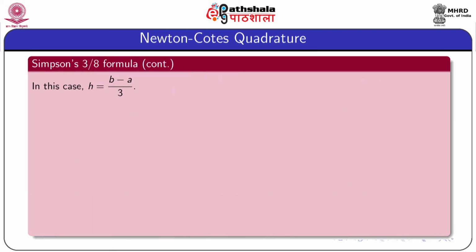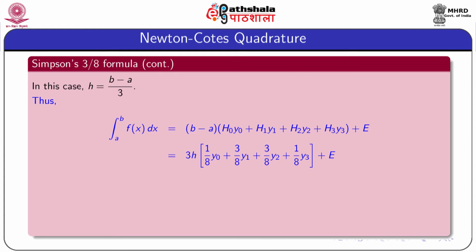In this case, the length of the interval h equal to (b minus a) by 3. Thus, integration a to b of f(x) dx is equal to this expression after substituting the values of h0, h1, h2, h3. This expression reduces to this expression, and finally it becomes 3h by 8 into (y0 plus 3y1 plus 3y2 plus y3) plus error term.